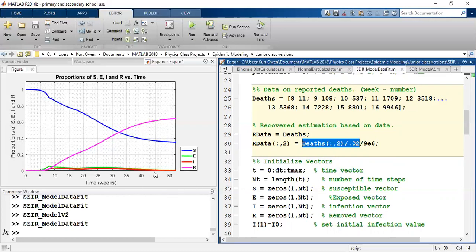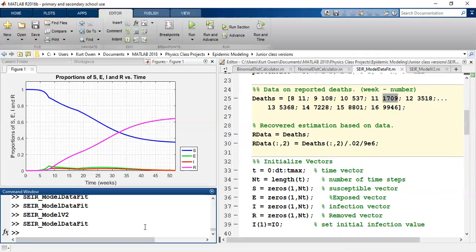Let's just take this week right here, where 1,709 people had died. What we can do is figure out, going down to the command window here, if I took 1,709 and divided by 0.02, I get a number of 85,450.